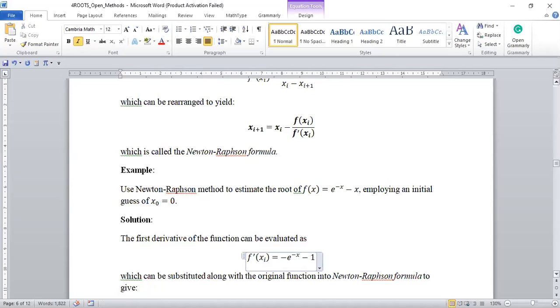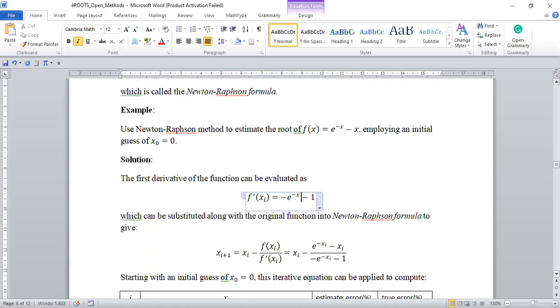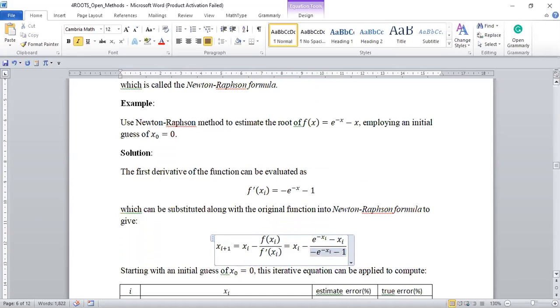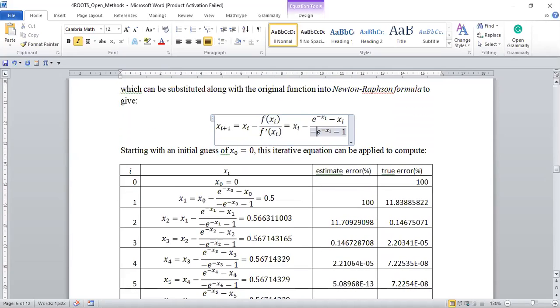Once you've gotten the first derivative, you just substitute back into the Newton-Raphson formula. Then this is the function which you are given in the question, and the denominator is the first derivative. Once you've gotten this, then everything becomes easy.